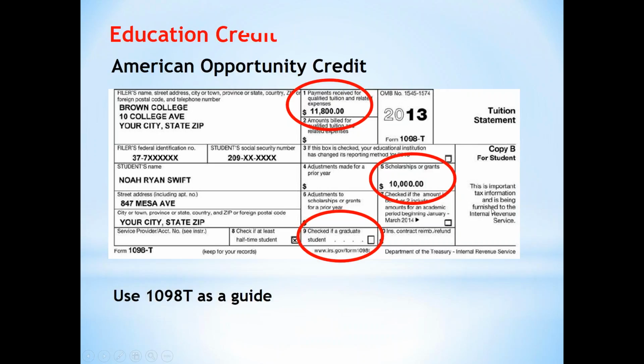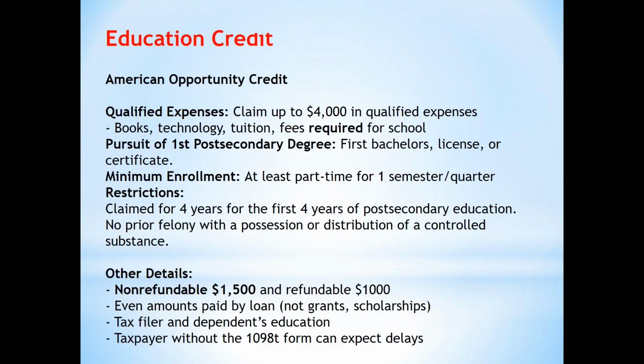And then we also need that employer identification number that shows up over here, and the establishment's website or contact information, their address, and all of that information. That absolutely has to be put into the tax software in order to be eligible and to claim that tax credit. So with the American Opportunity Credit, you can claim up to $4,000 in qualified expenses.